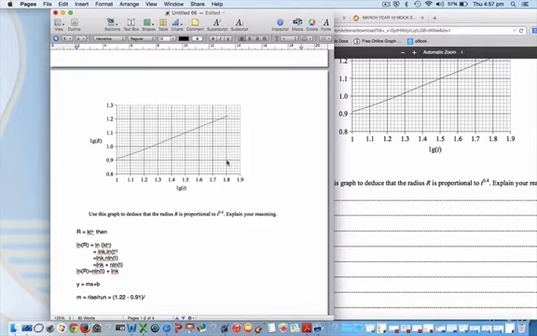So I'm going to say 1.8 take away 1.0. 1.0 is here on the x-axis. So we've got y2 minus y1 over x2 minus x1. Little triangle there. You can draw it in yourself on your paper.